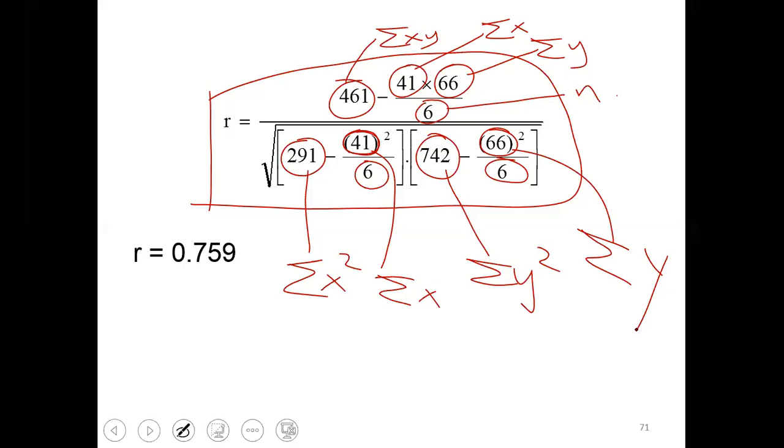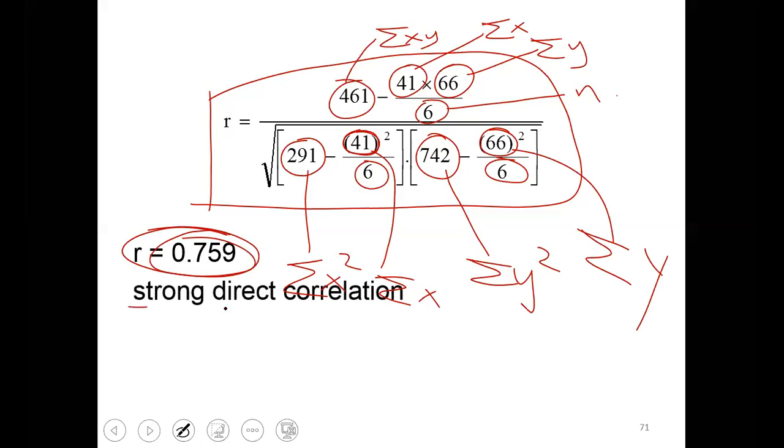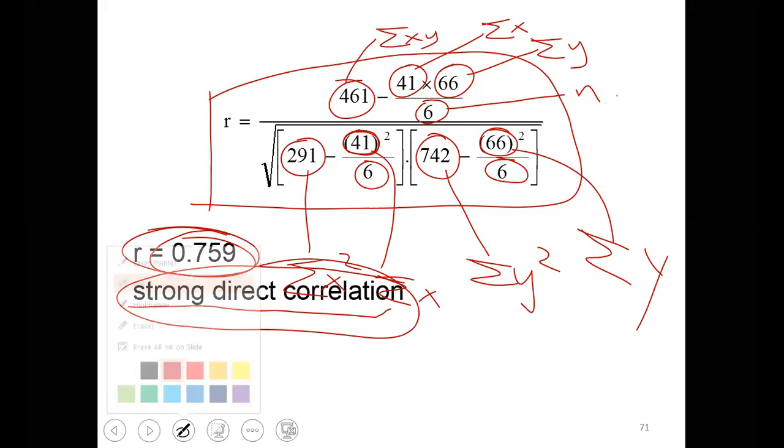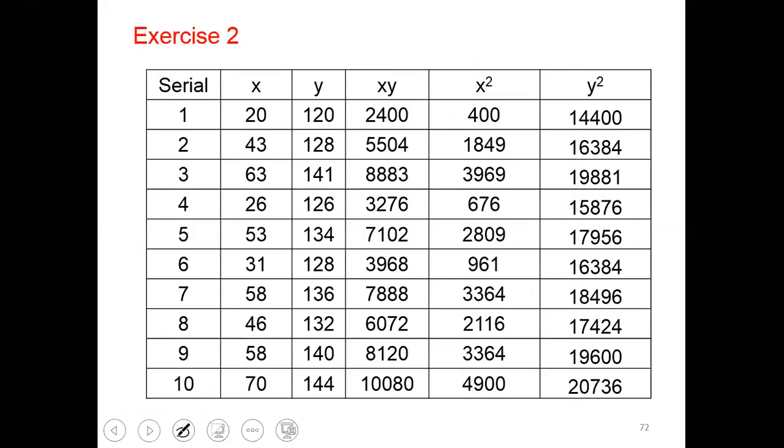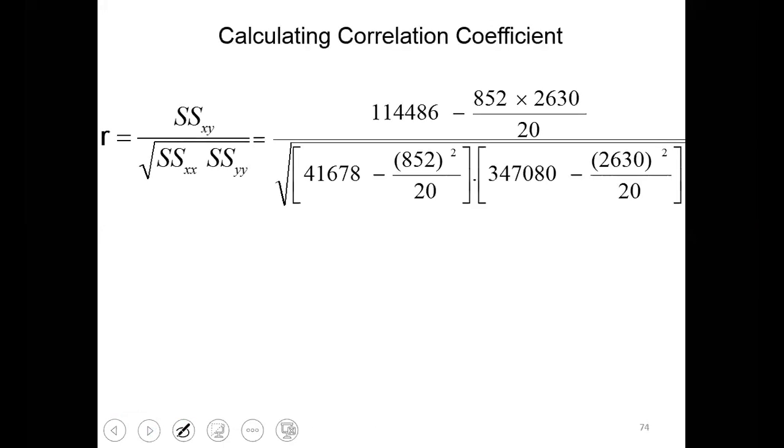So it is already there in your table. So our R value, which we can calculate, according to our guideline, we could say it has a strong positive correlation, or strong positive or direct correlation. So you can do the exercise for the second one also.